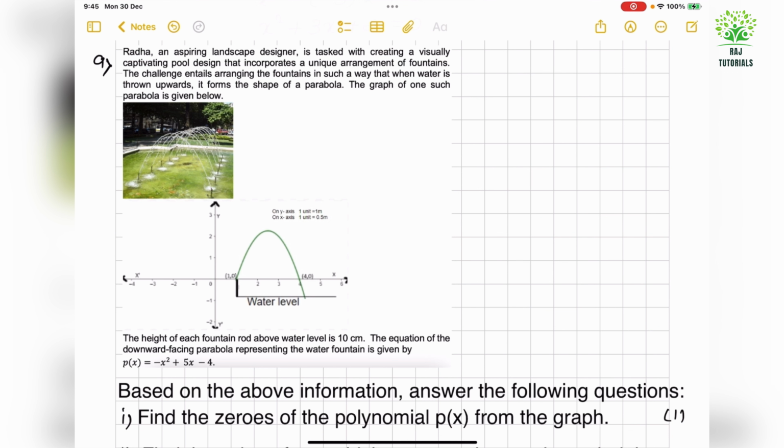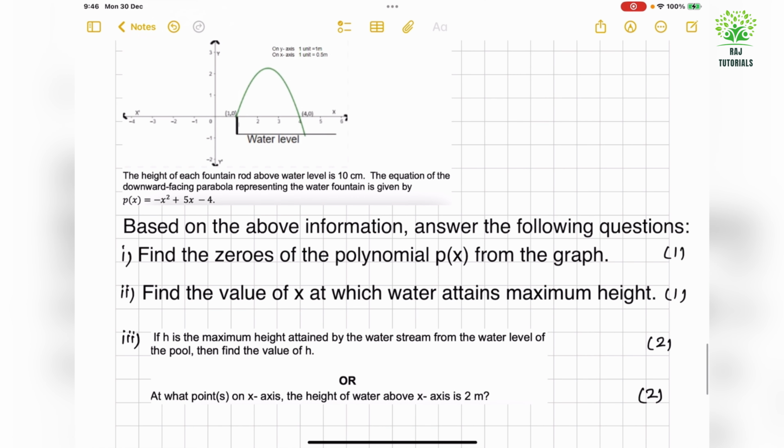The height of each fountain nozzle above water level is 10 centimeters. The equation of the downward facing parabola representing the water fountain is given by p of x equal to minus x square plus 5x minus 4. Based on the above information, answer the following questions.